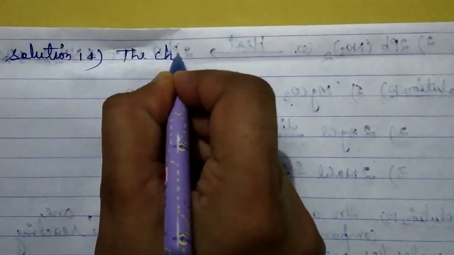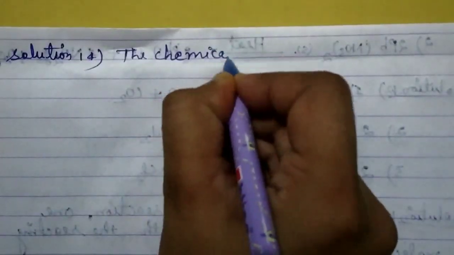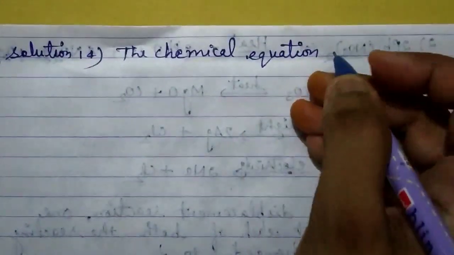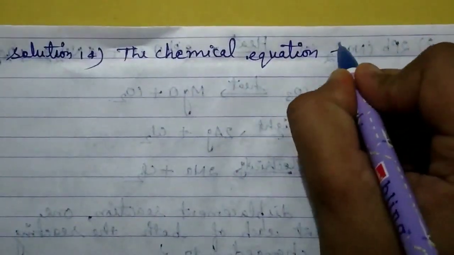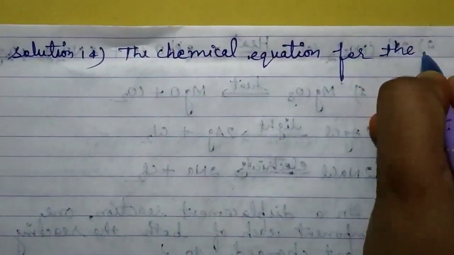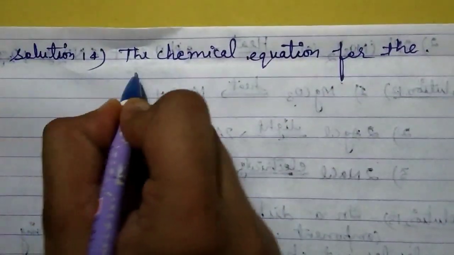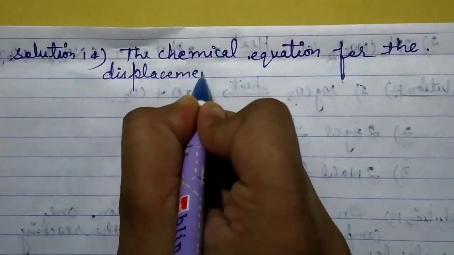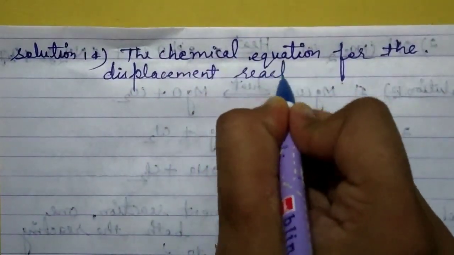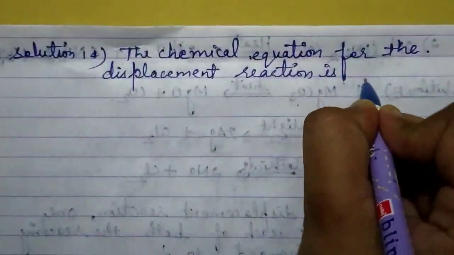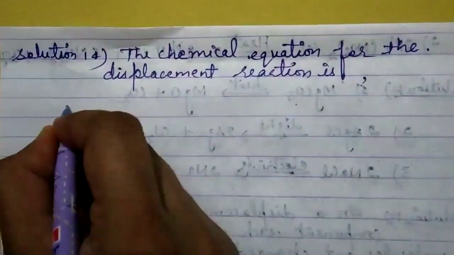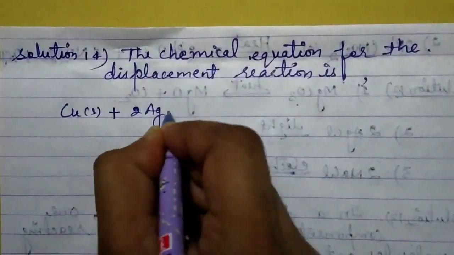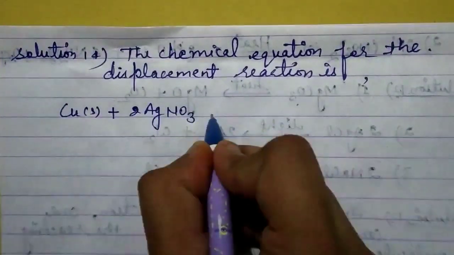Okay, the chemical equation for the displacement reaction is copper Cu, it is a solid, plus 2 AgNO3 silver nitrate. Okay, it is aqueous.